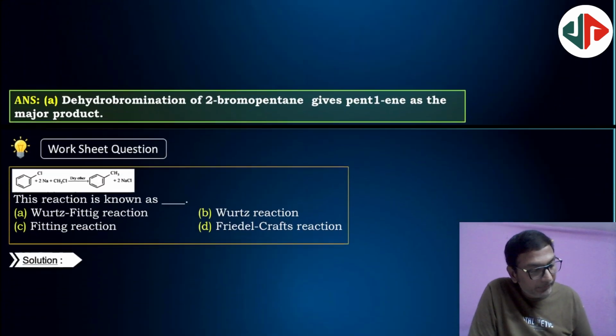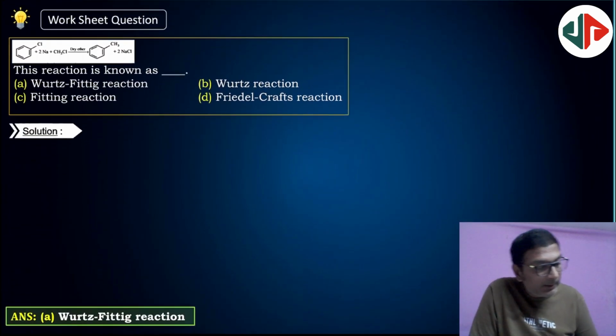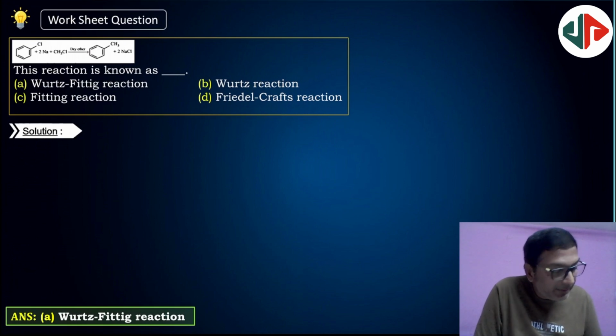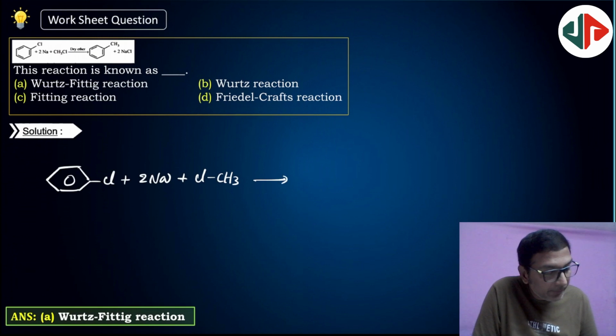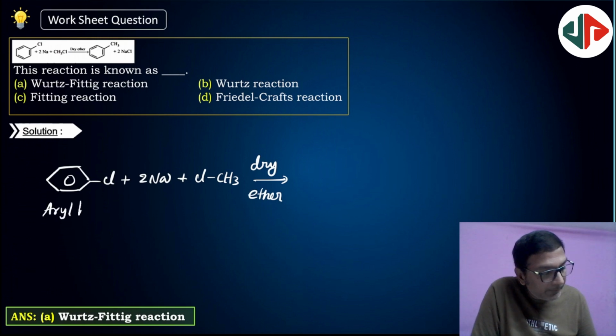Next. So this reaction between aryl halide plus 2 moles of sodium plus Cl-CH3 in dry ether. So this one aryl halide and this one alkyl halide.